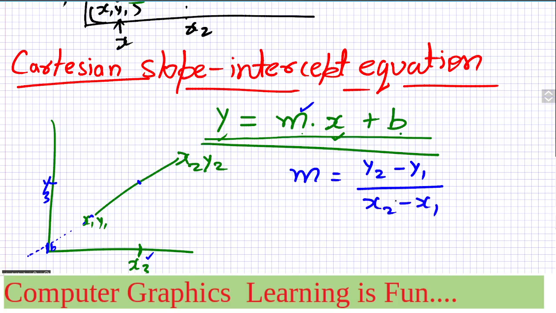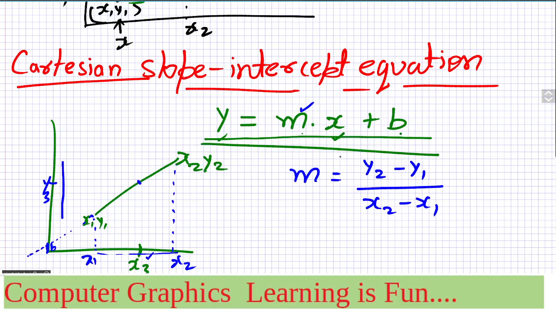Very simple it is. This is x2 and this is x1. So x2 minus x1 will give you this value, and y2 minus y1 will give you this value.